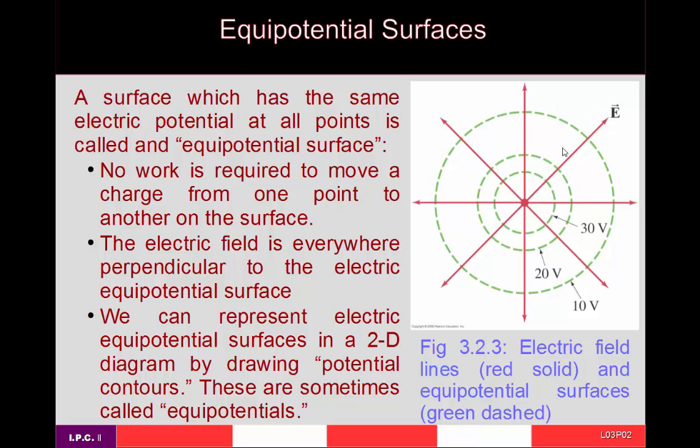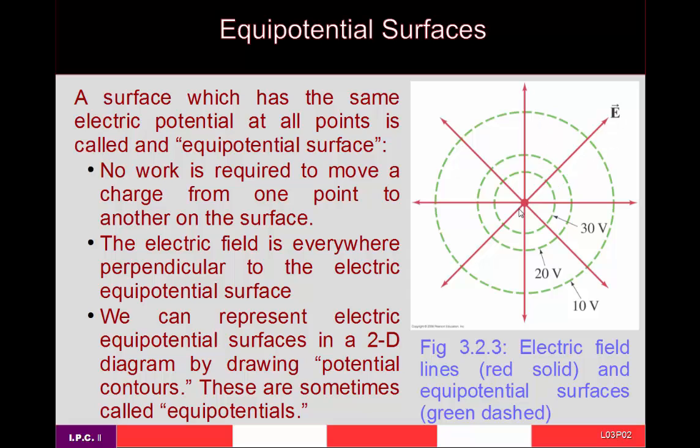You may have to do work against gravity, for example. But since we're talking about electrostatics, it's virtually zero work to move from one point to another on the same equipotential surface.